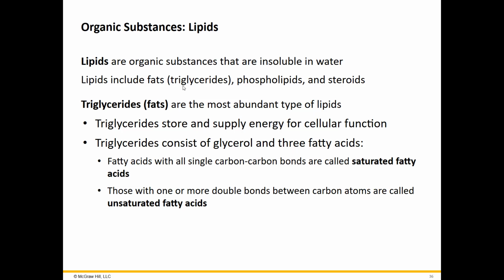This is the fat that we use for energy. There are phospholipids. These are a kind of fat that create barriers like our cell membranes. And there are steroids. When I say steroids, you say hormones. Steroids build hormones. They regulate the endocrine system, the hormones of our body.